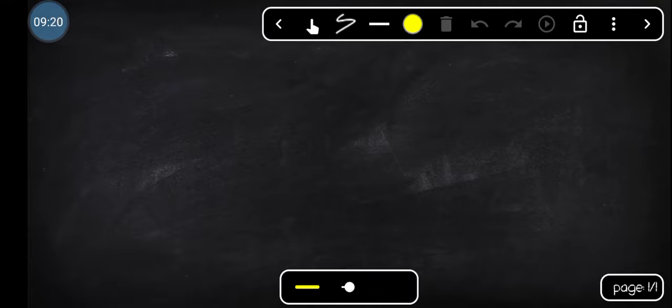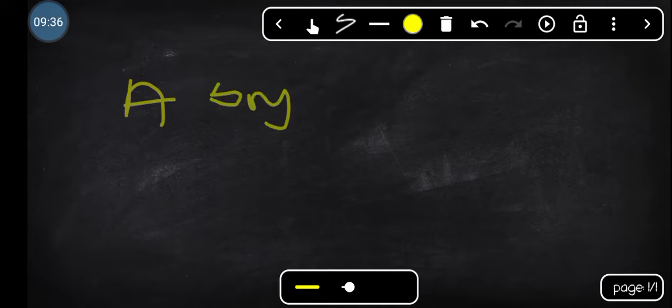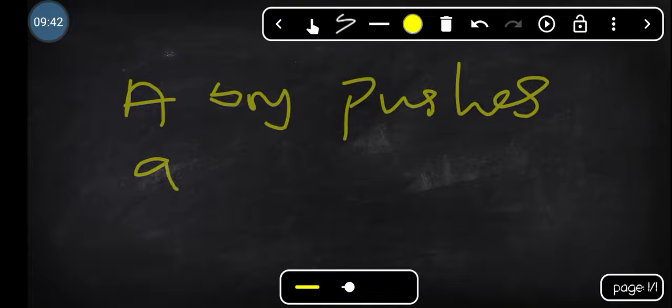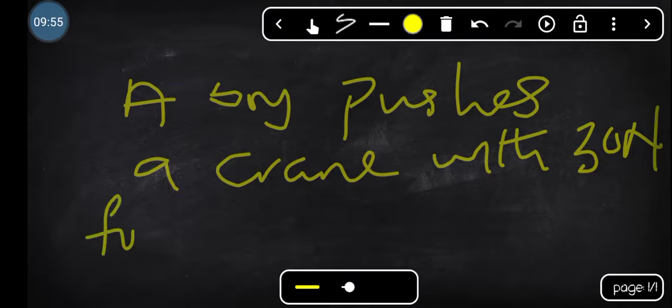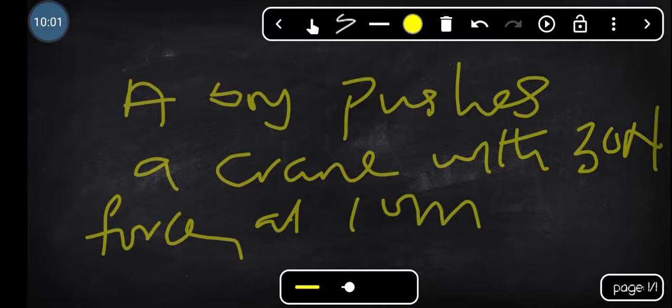Let's look at another situation. A boy pushes a crane with 30 Newton force through 10 meters.